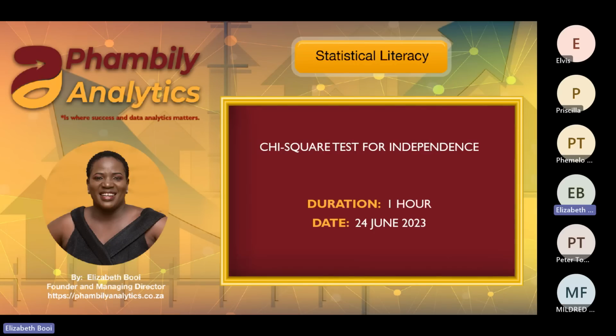Welcome to this week's session, where we will discuss the chi-square test for independence, which means we're going to be using two categorical variables. In the previous session, we looked at the relationship when we have two numerical variables.